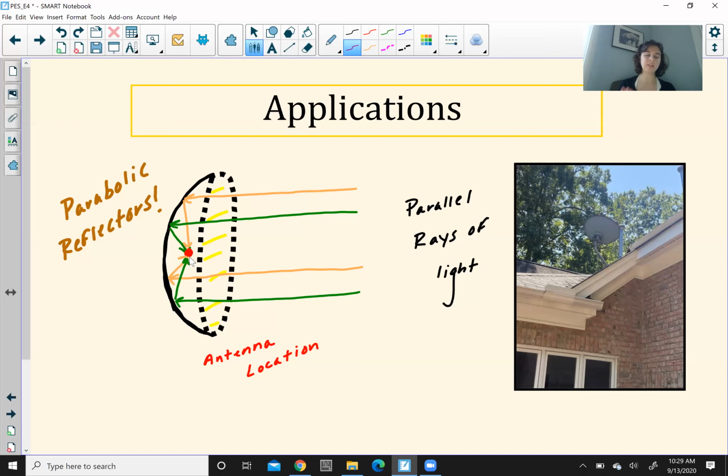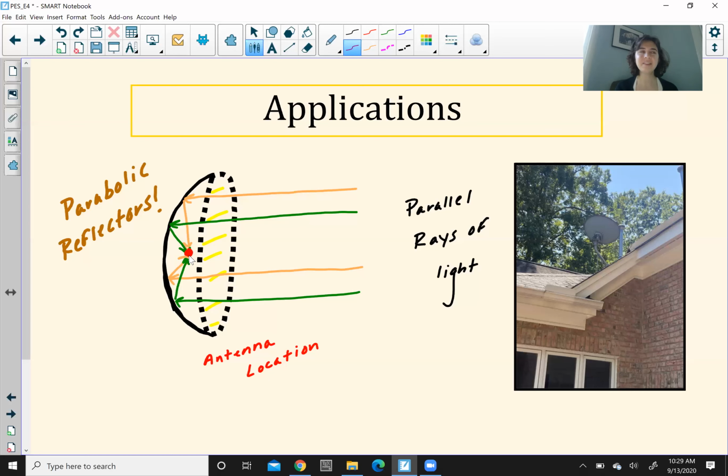I personally don't know how to model this two-dimensionally. I'm pretty sure you can if you just wrote like a standard parabola, but I'm showing you what this looks like three-dimensionally. So we have all these parallel rays of light. They're going to hit the dish and bounce off into a focus. That focus is where we put the antenna.